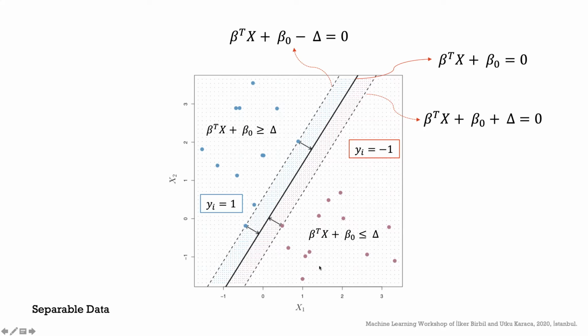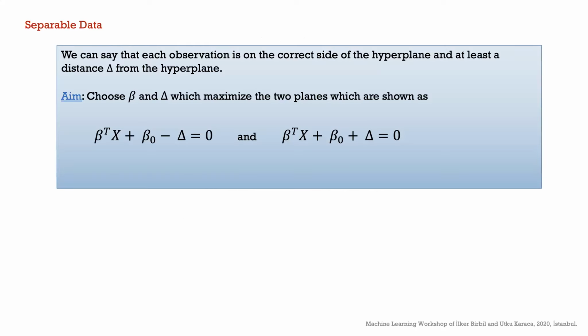And if my equation, my affine subspace, is smaller than negative delta, then I'm going to be in my purple area. Here is how we can explain that. We can say that each observation is on the correct side of the hyperplane and at least a distance delta from the hyperplane, okay?